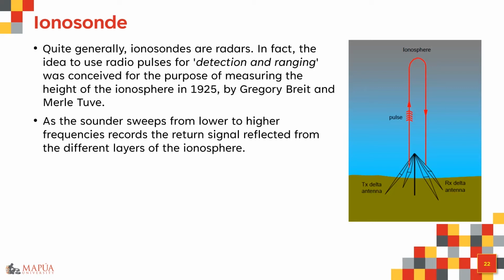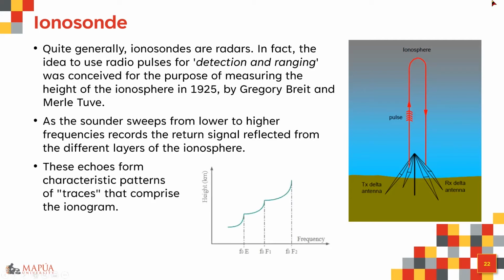So the ionosonde sends ranges of frequencies, usually within the high frequency band, about 1 megahertz to about 10 megahertz maximum, and the resulting signal is traced as a function of height and frequency.